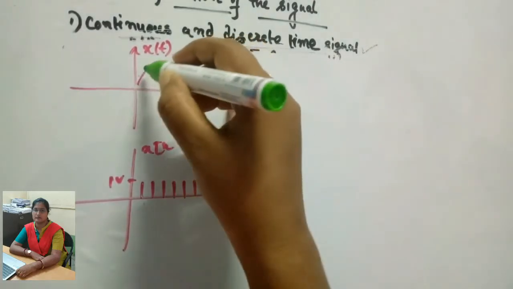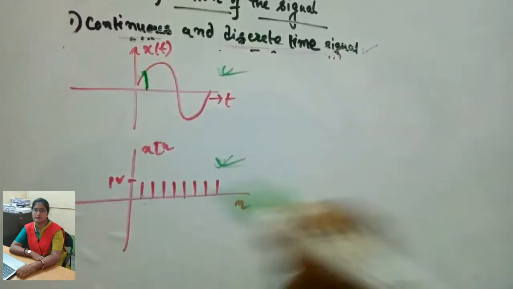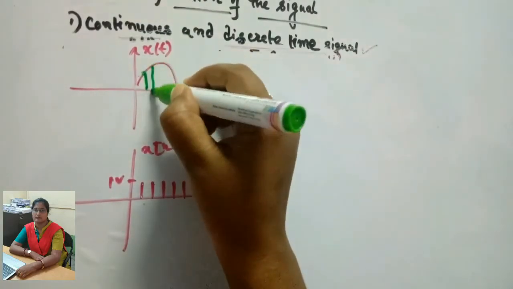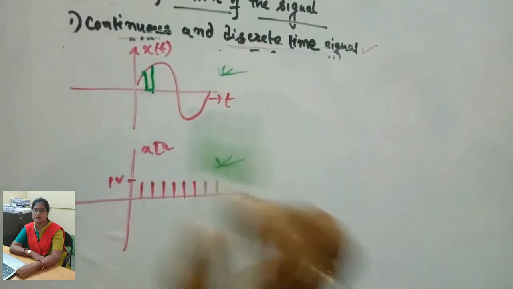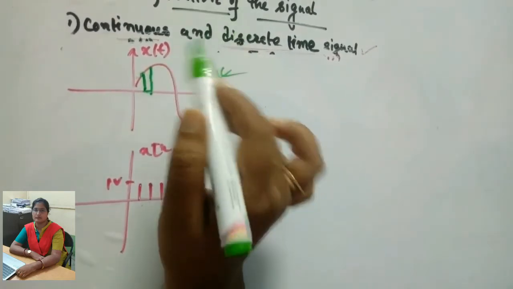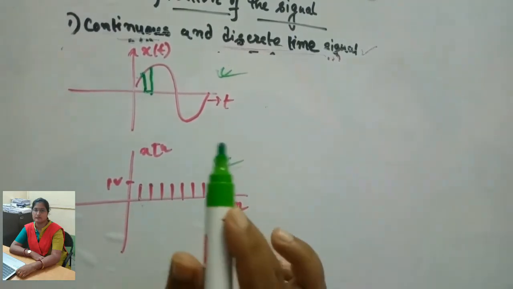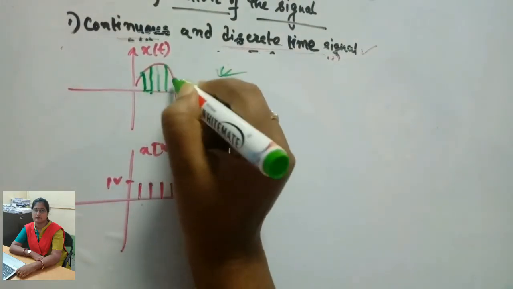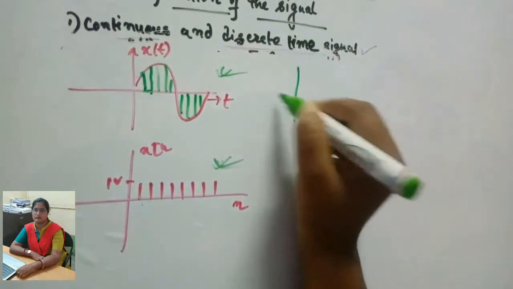So, for the signal value x(t), this value will appear here. Again, for this pulse, this value will appear here. And in between these two pulses, no value of x(t) will appear, as the amplitude of the pulse train in this time interval is 0. And in this way we can get a discrete time signal. So the signal will look like this.